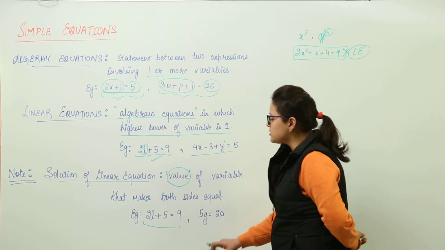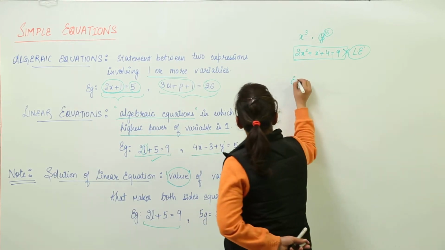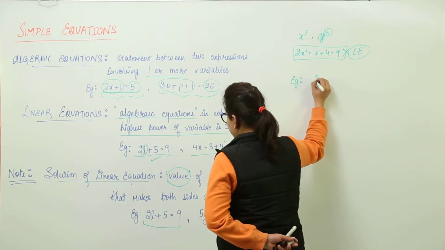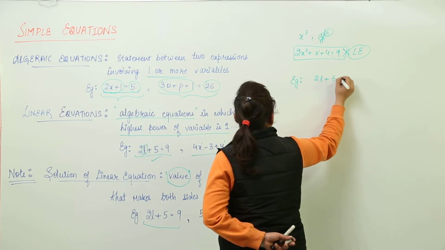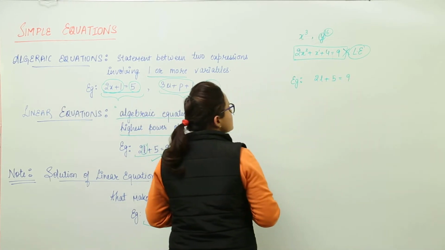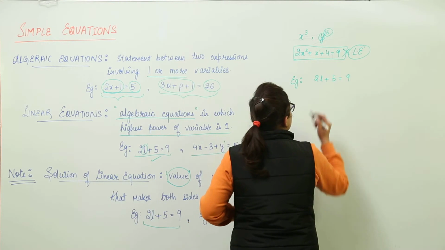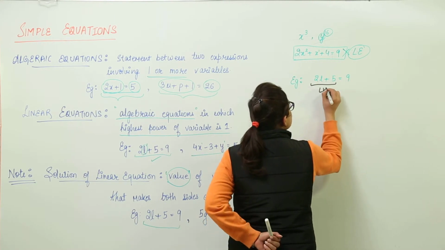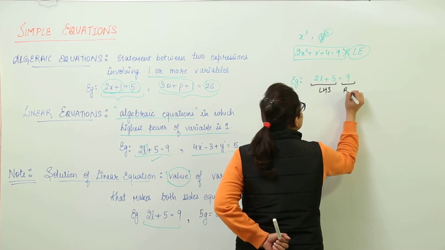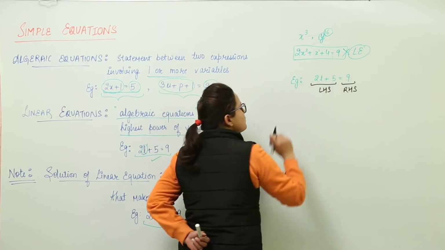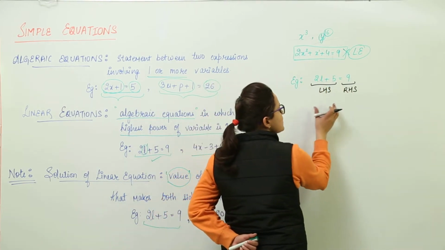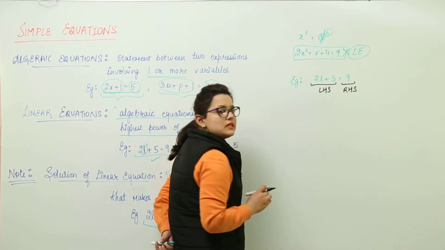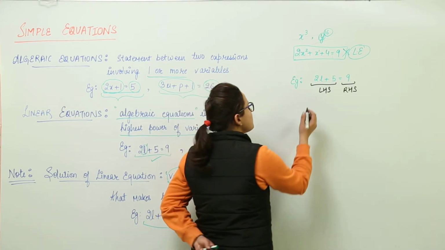In this linear equation, what is going to be the value of the variable that makes both sides equal? We have two sides, this is the left hand side and this is the right hand side. The value of the variable should be such that the left hand side becomes equal to the right hand side. Now how is that possible?